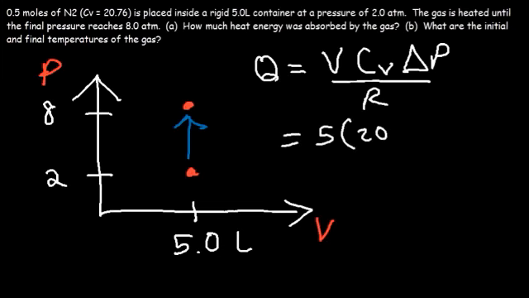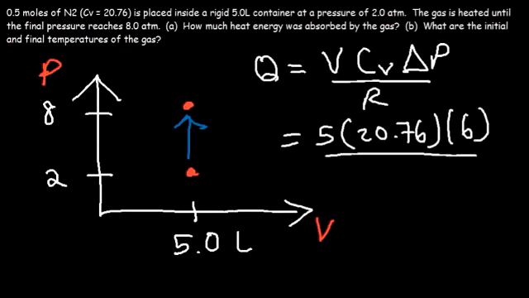Cv is 20.76. The change in pressure, 8 minus 2, so that's an increase of 6 atm, and R is 8.3145. So this gives us a value of 74.9.